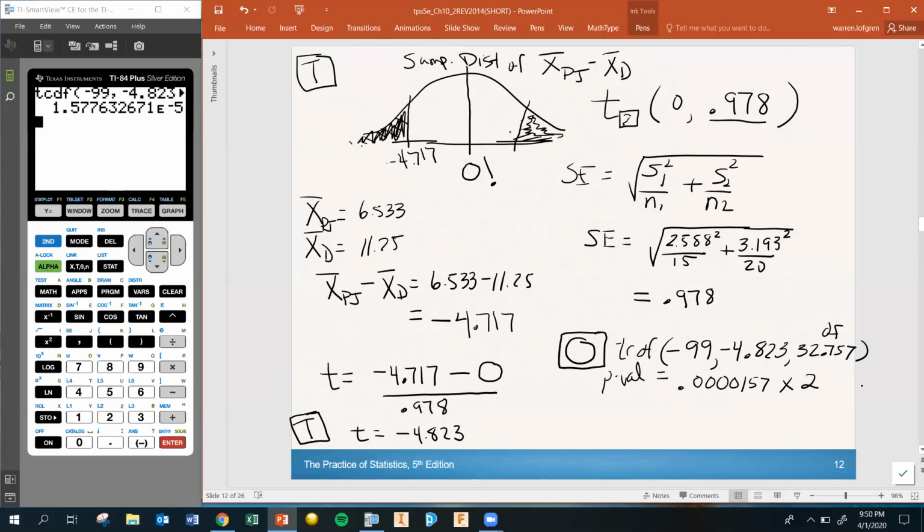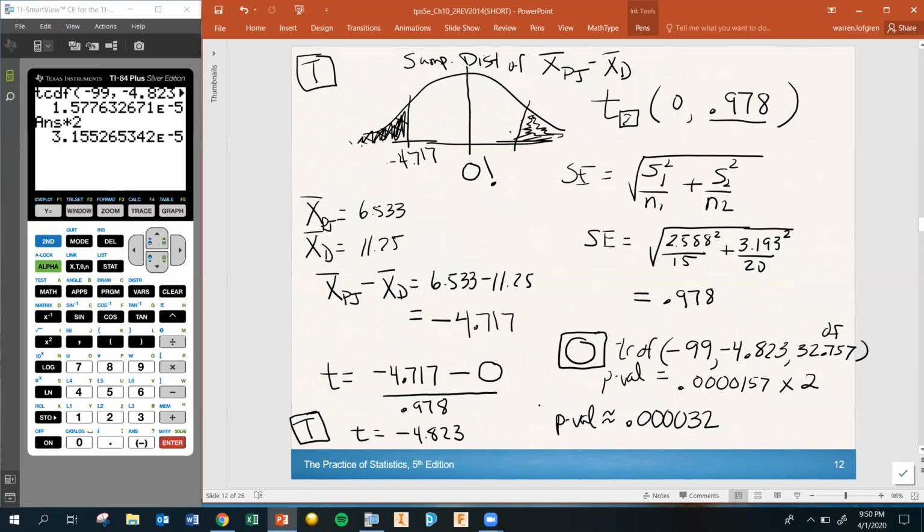So I'm going to go back to the calculator. If I double that, take that times 2, there's that result that we got when we ran the test on the calculator just a minute ago. So the actual p-value, when we double that, is approximately 0.00032.